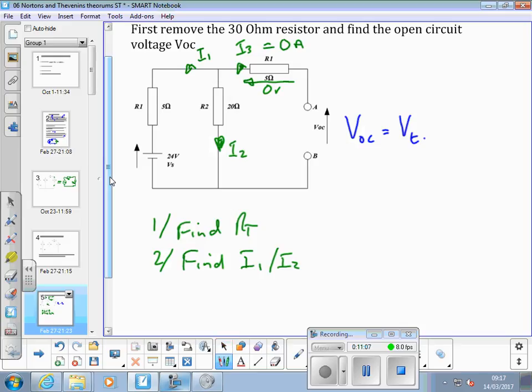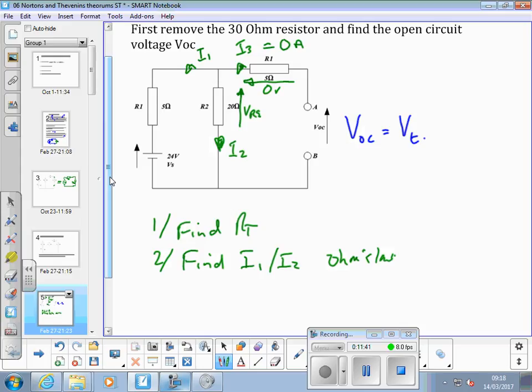You know how to find that using Ohm's law. Think Kirchhoff's laws. If you know the current I2, what can you find? Voltage across. Yeah, you can find the voltage across here. What direction is it, Curtis? So the current's down, voltage is up, VR2.